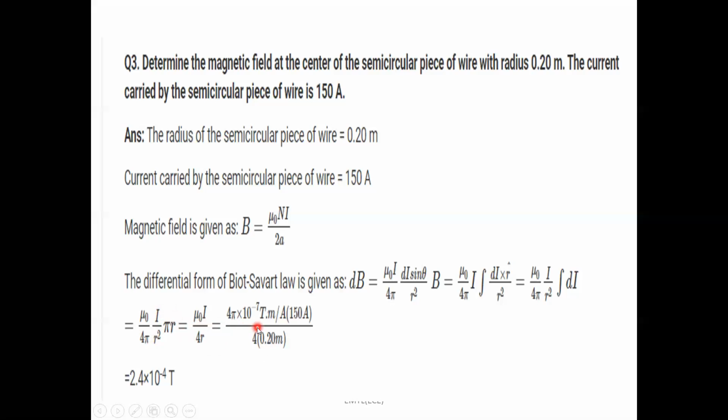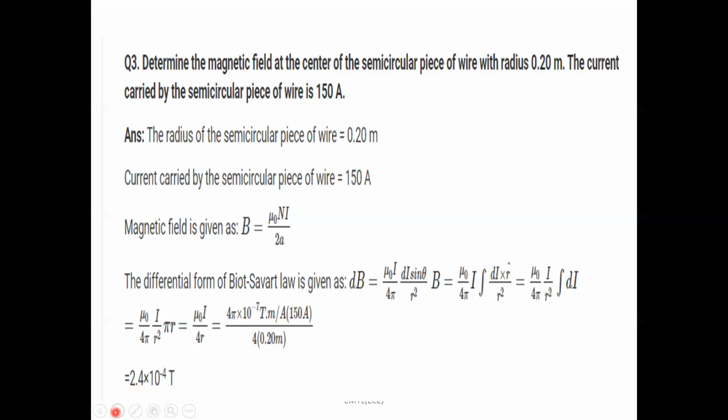Mu naught is 4 pi into 10 power minus 7 Tesla meter per ampere, and the current is 150 amperes, by 4 into the radius 0.20 meters. By calculating these values, finally we get 2.4 into 10 power minus 4 Tesla.